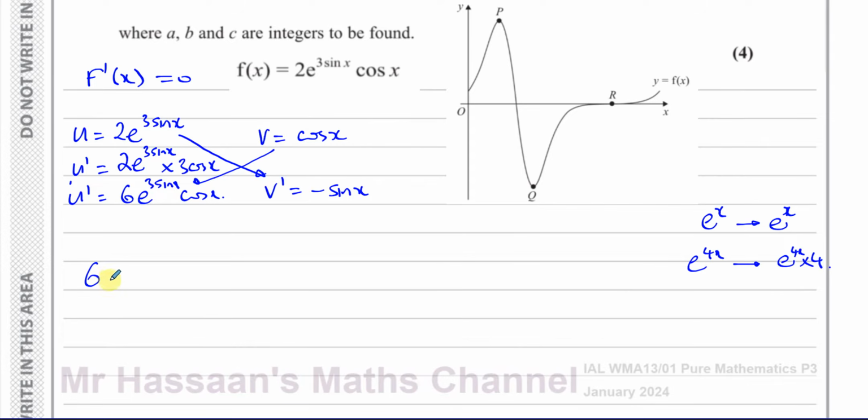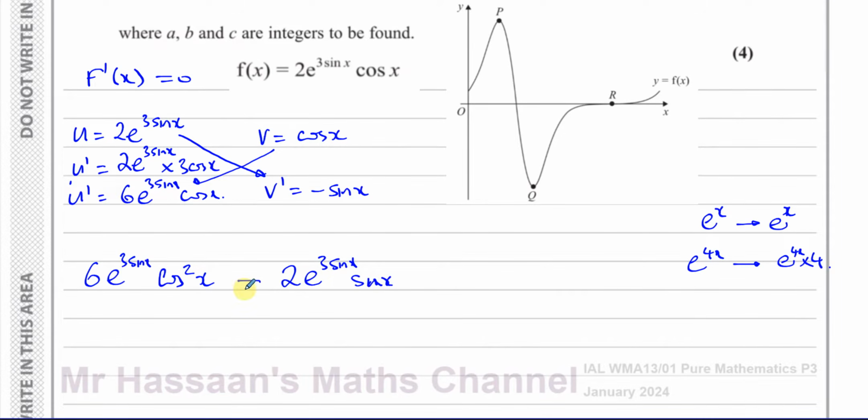So I'll have 6 e to the power of 3 sine x times cosine x, which would be cosine squared x, plus, and then these two multiplied, which is going to become a minus because I'm multiplying by a minus number. So it will be minus 2 e to the power of 3 sine x times sine x.